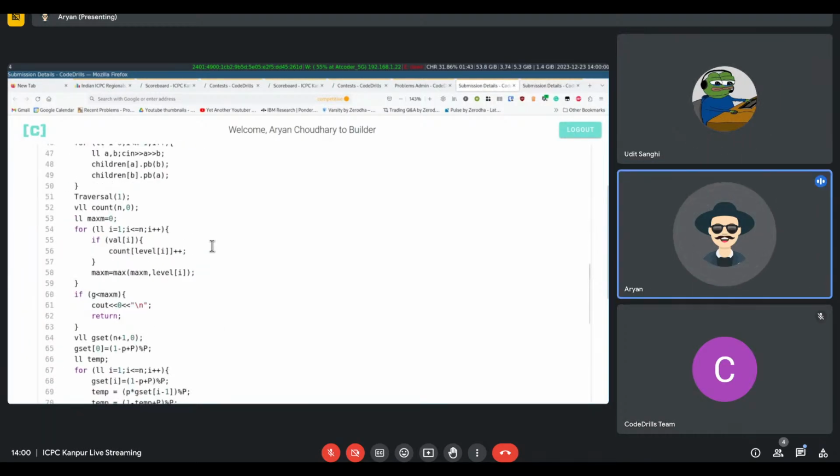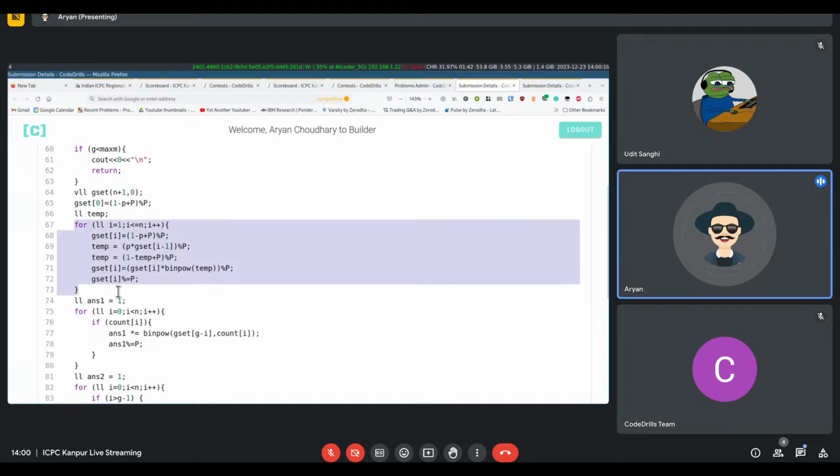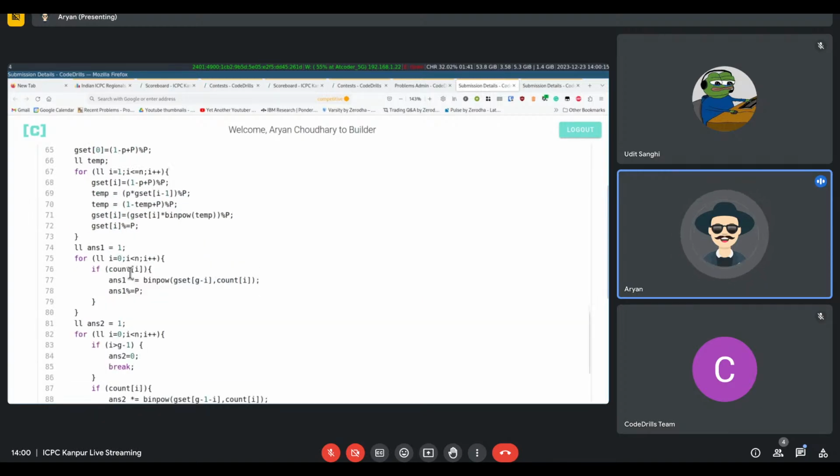Looking at their code, it looks like they are also doing the same thing the Delhi team was doing. They were doing it up until length as well. Here they are doing G minus I, which definitely doesn't work because G goes up to 10^9.